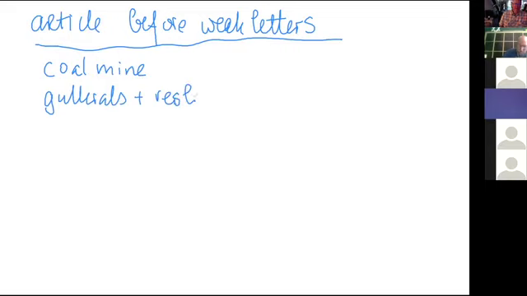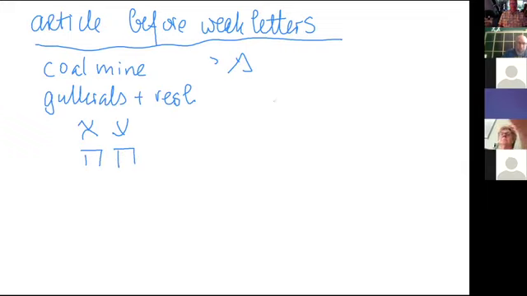And within this category, you have very weak letters like the aleph and the ayin, and the coal mine letters, the mem and the yud, and some stronger letters like hey and chet.